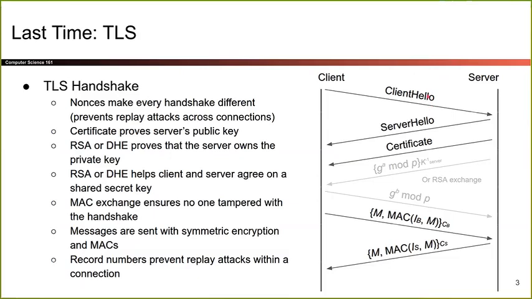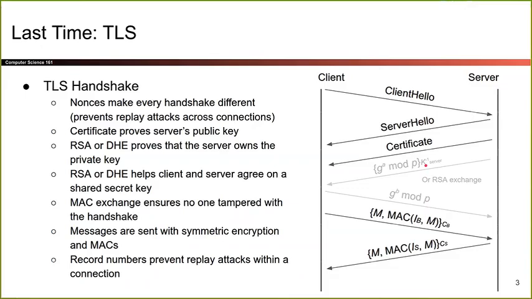So in the two hellos, there are nonces, and the random nonces make sure that every handshake looks different. So any two handshakes will never have identical outputs or identical symmetric keys derived because there are nonces here. And then the server sends the certificate to prove that it owns the public key. And you use either an RSA exchange, so encrypt the pre-master secret and send it to the server, or use Diffie-Hellman, where you perform a Diffie-Hellman exchange with the signature from the server.